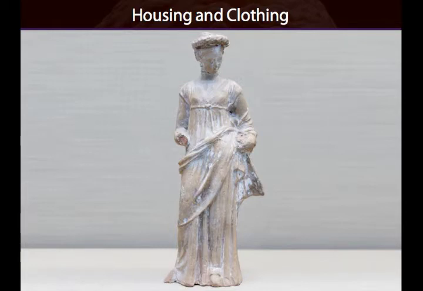What I want to say about clothing is we addressed this a little bit when we were talking about the female figurines, the korai, that came up a couple of meetings ago. There are a couple of different sets of traditions for clothing that women wear in public, and these would be either the Ionian dress or the Dorian dress.